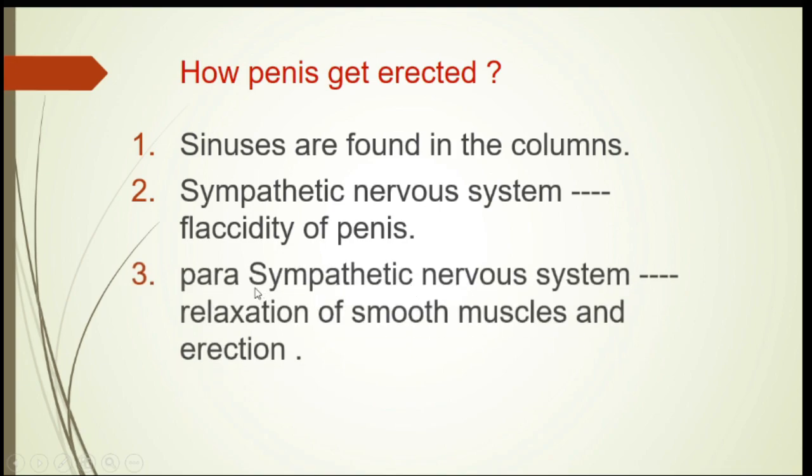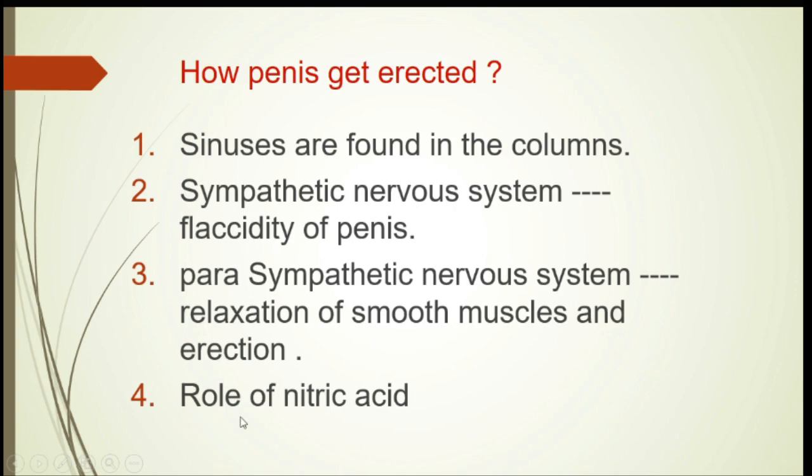And there is one more system seen in the nervous system, that is the parasympathetic nervous system. This parasympathetic nervous system makes the smooth muscles of the penis relax and brings out the erection of the penis. So if someone asks you which nervous system helps in the erection of the penis, this is the parasympathetic nervous system that makes the penis erect.